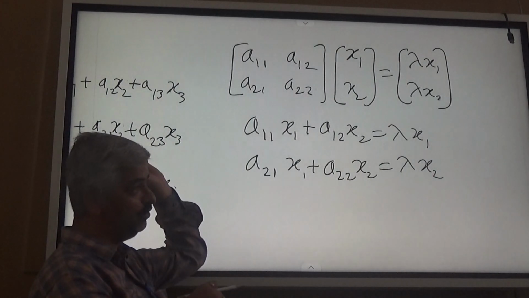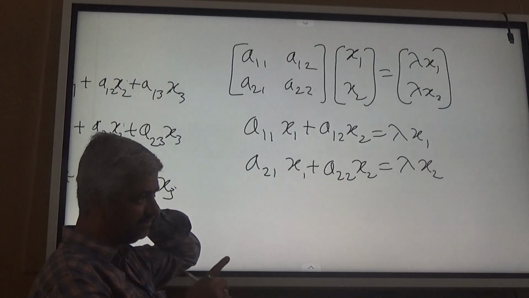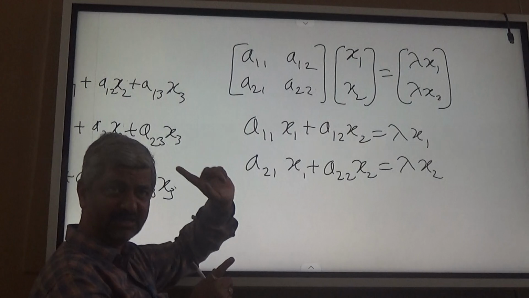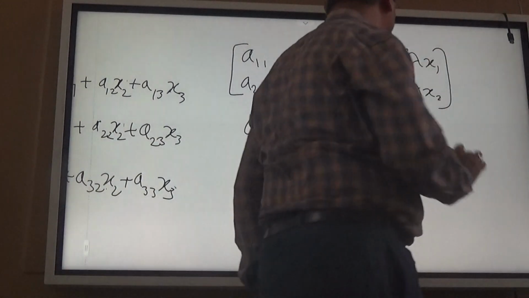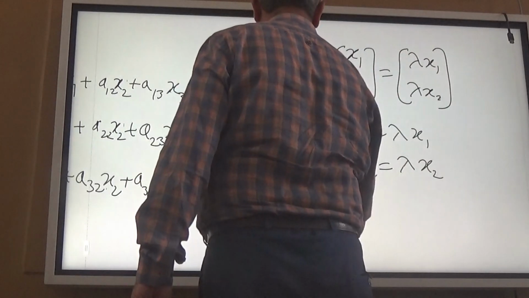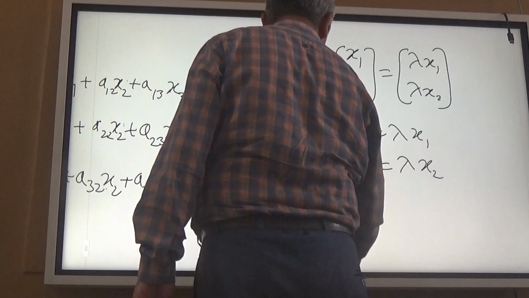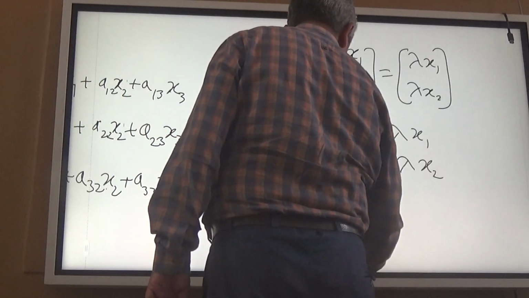Earlier I told you, if the matrix is a diagonal matrix whose non-diagonal terms are 0 and diagonal terms are equal, then I can always say lambda 0 0 lambda into x.